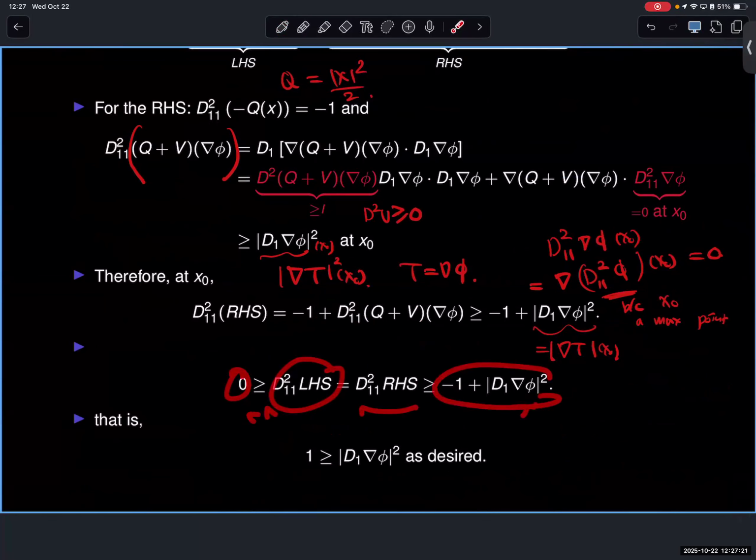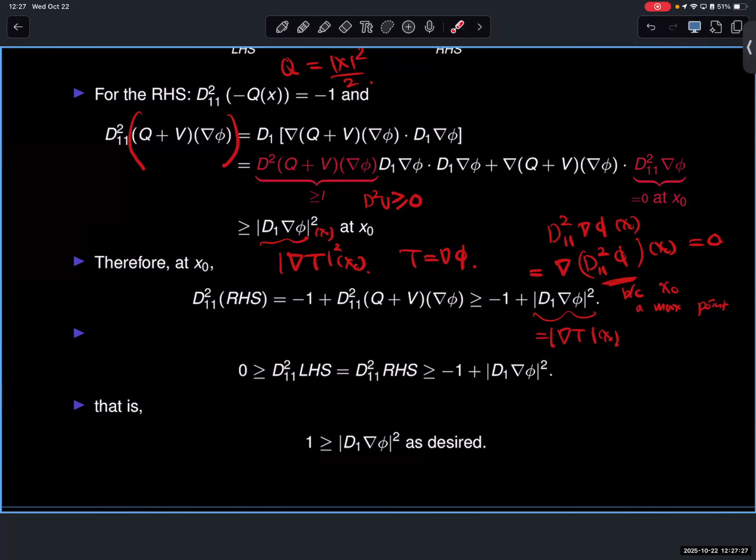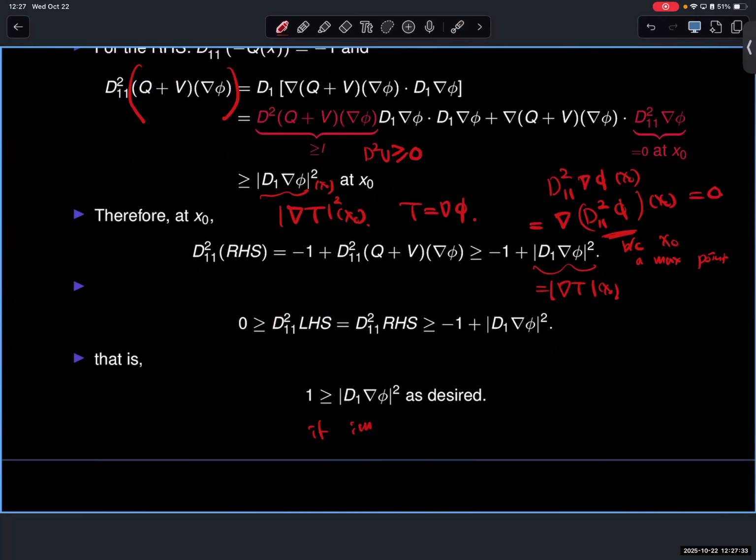So if you just consider that, then you get this. So this implies that the maximum second derivative in that direction is less than or equal to 1. That was what we wanted to prove.